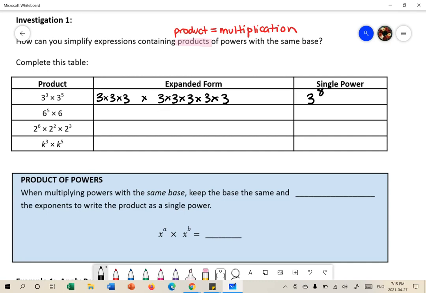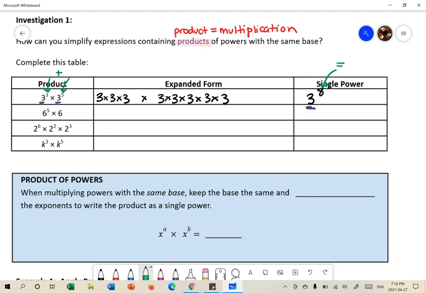So how do we get from the product of two powers with the same base to a single power without expanding? Well, we kept the base the same. What we've done is we've taken the two exponents and we've added them to get the single power of the product of two powers with the same base.